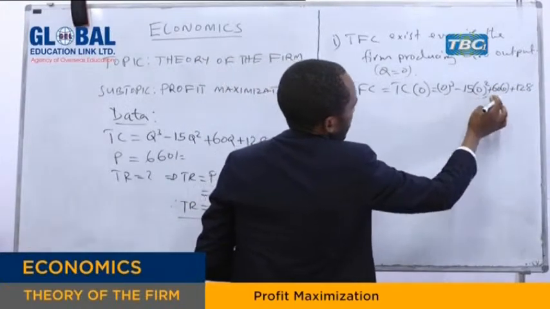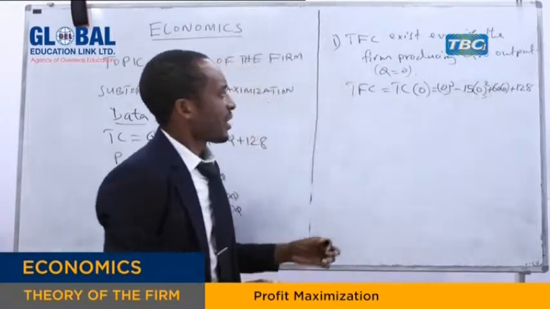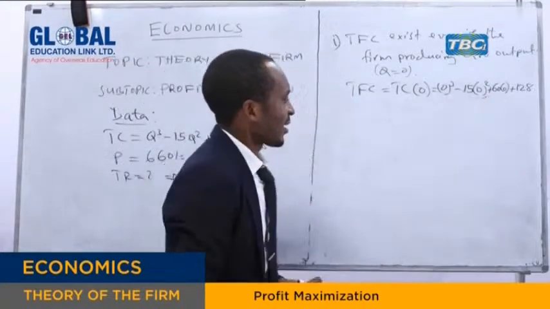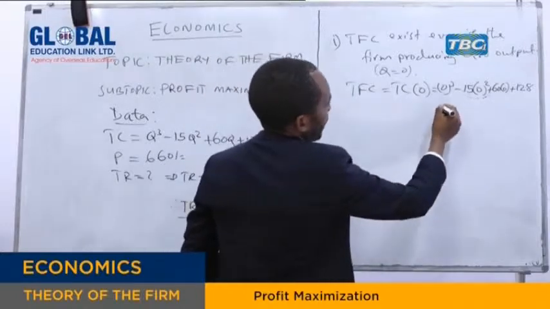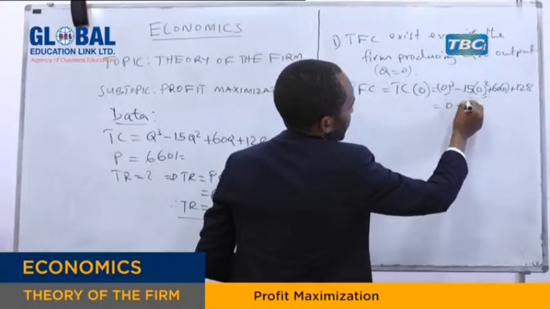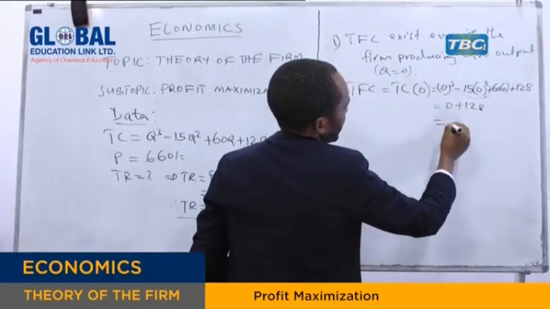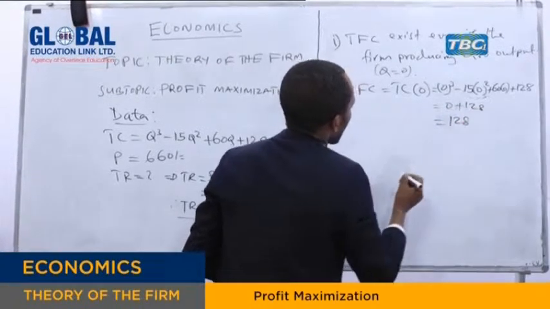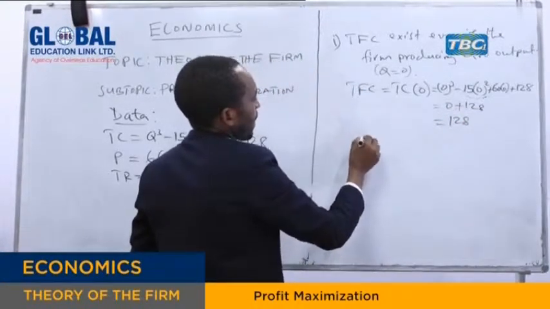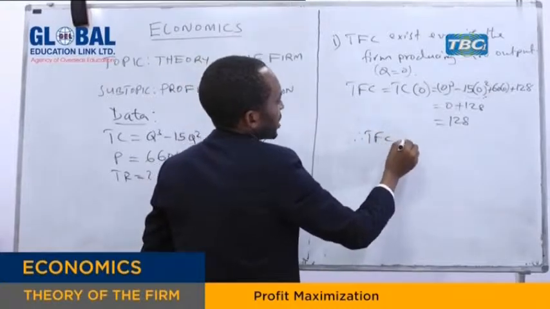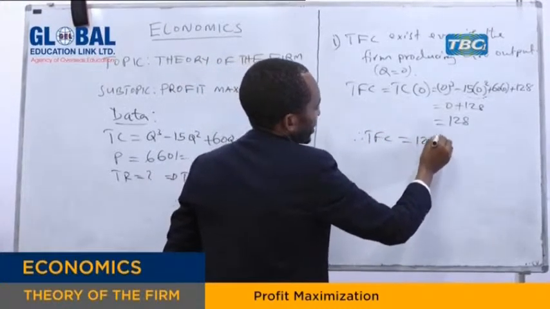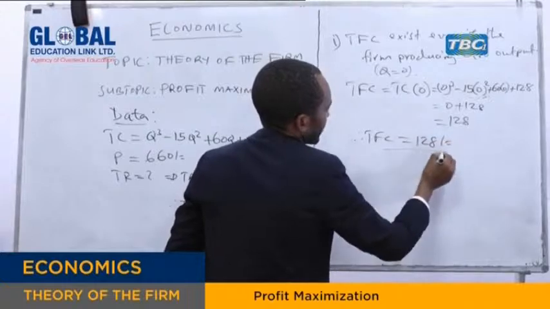When you evaluate this, you will get 0 plus 128, which is equal to 128. So the total fixed cost will be equal to 128 shillings.